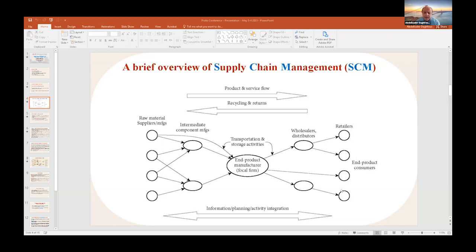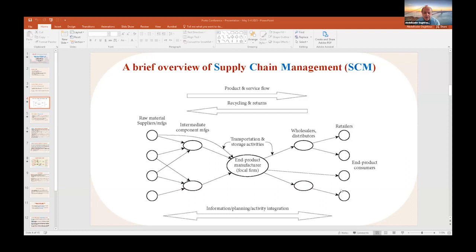The main manufacturer may or may not use distributors as well as retailers, or sometimes they could sell directly to the end product customers. Or they could be using a combination of all of these. So this is what the supply chain looks like.